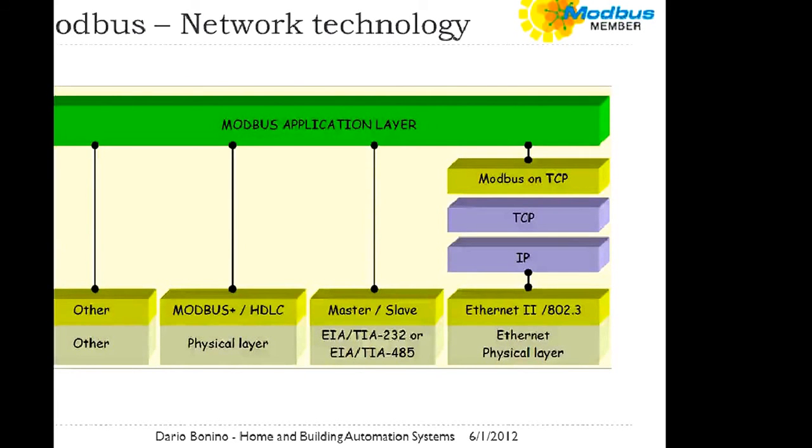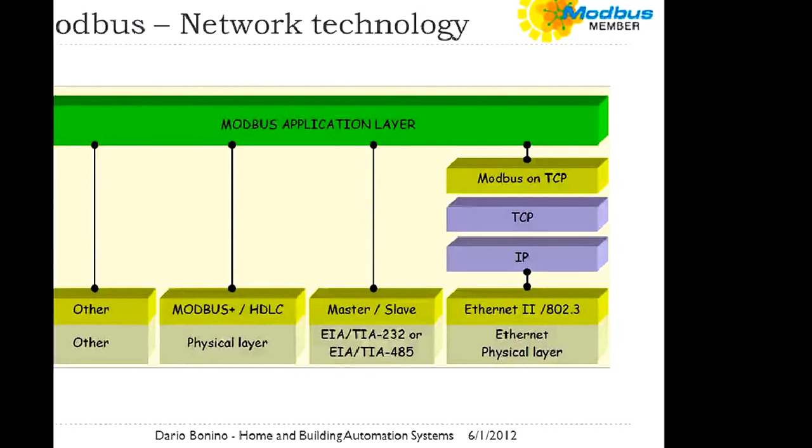This is the most diffused. And we have also an Ethernet connection, which allows to span the system over big distances. So, for example, here at the Politecnico, we have some Modbus meter connected to the Ethernet.